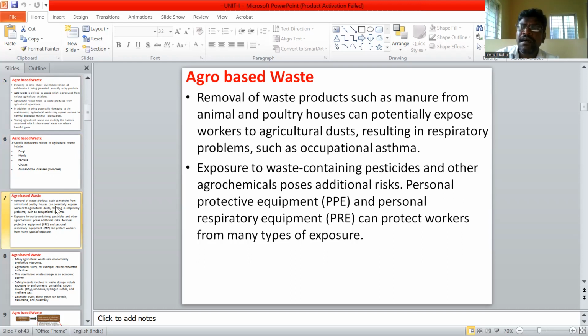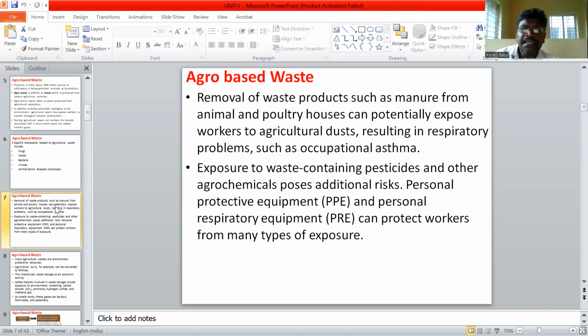Asthma can attack people due to exposure to agriculture dust in the environment. Exposure to waste containing pesticides and other agrochemicals poses additional risk.